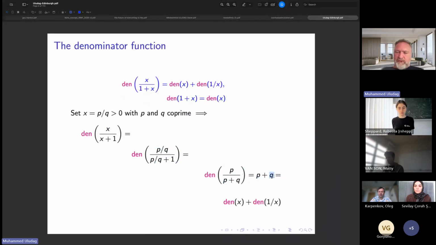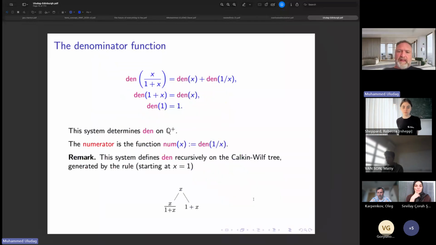The q is already the denominator of x, and p is obviously the denominator of 1 over x. So we have checked both equations. And if we impose that the denominator of 1 is 1, these three equations in fact determine the function denominator on the set of positive rational numbers. And the numerator is simply the denominator of 1 over x.